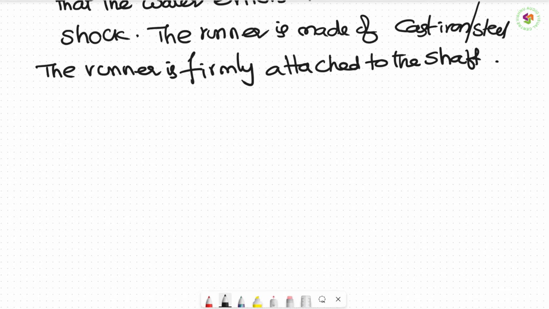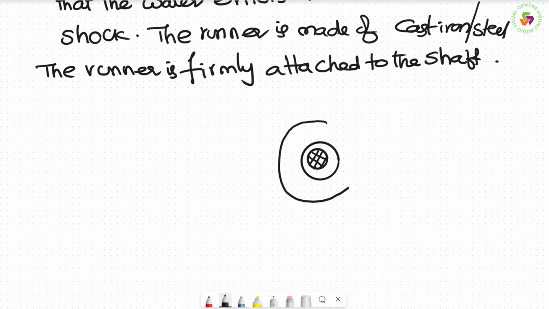Again, I will show you the physical figure, which I request you all to see. I have already shared it with you. So this is the shaft, and over the shaft, these are the runner blades.